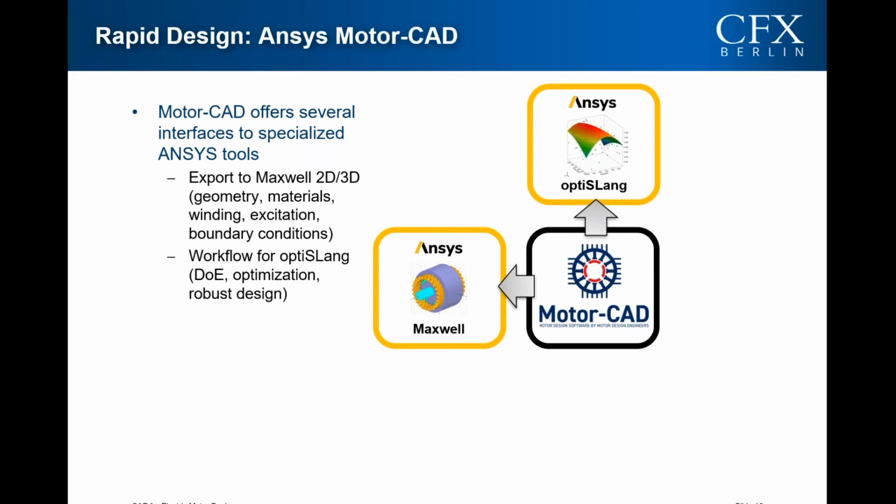Based on this response, we can find optimal designs for concurrent optimization targets. We can also quantify the robustness of our design with respect to manufacturing tolerances, for example, changes in material properties or geometric tolerances.